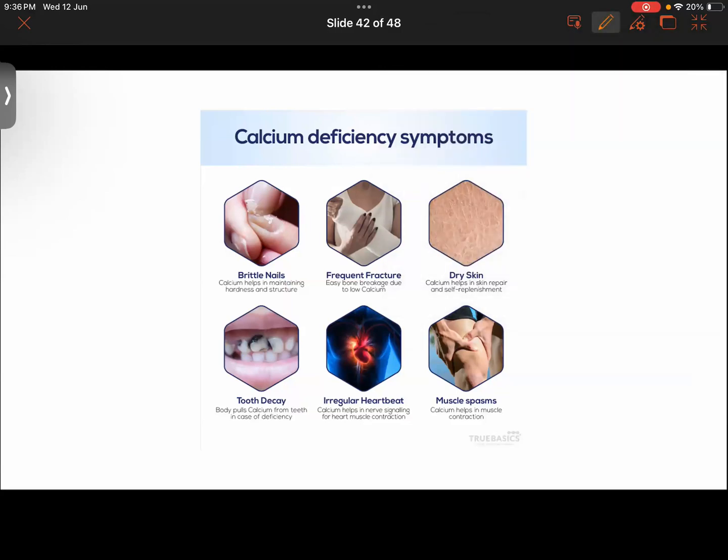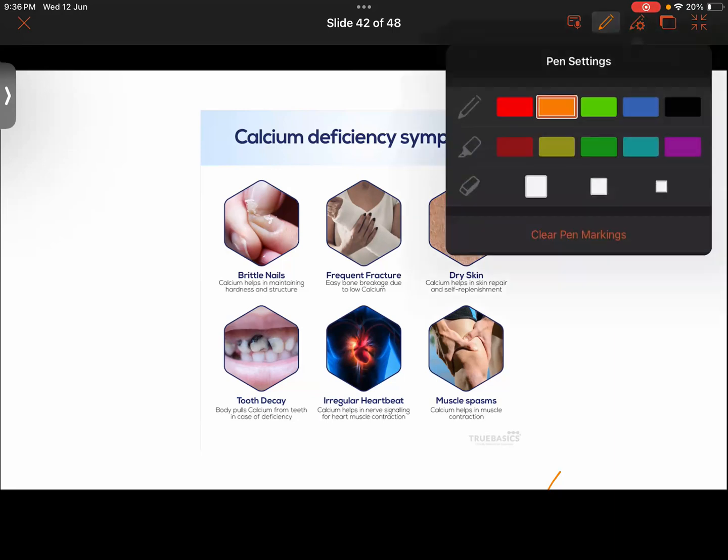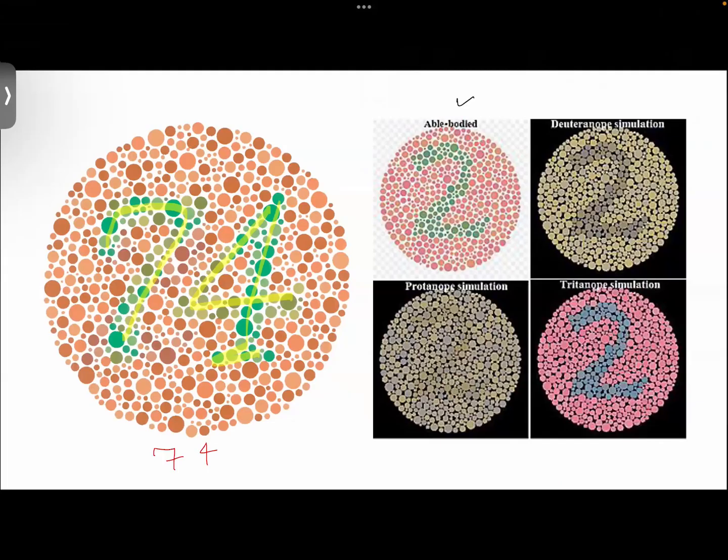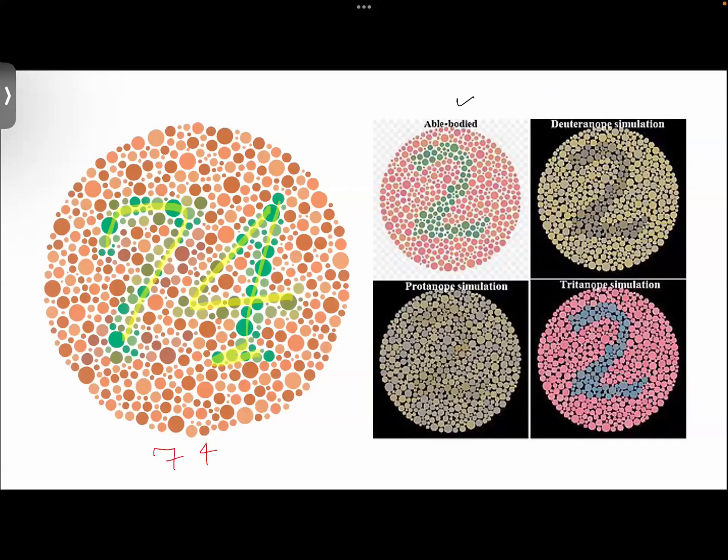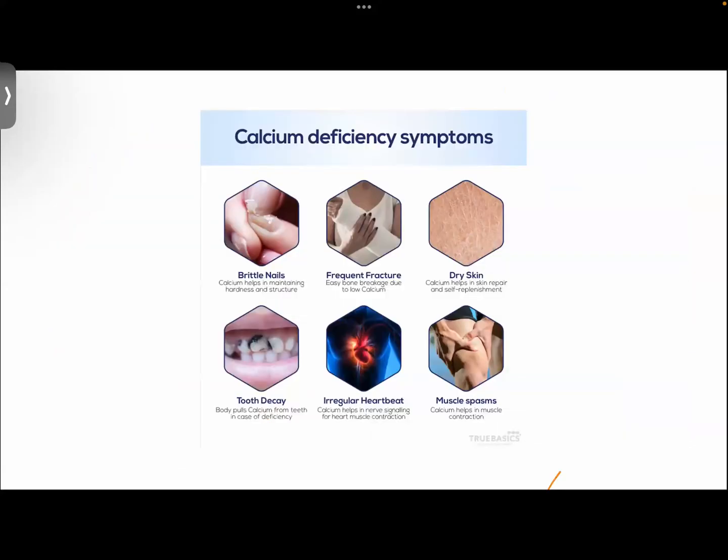So that is the thing we were talking about moments ago. Look over here, in this image, you can see the person who is suffering from deficiency of calcium. In the beginning, I told you that calcium is important for the healthy growth of bone and teeth.